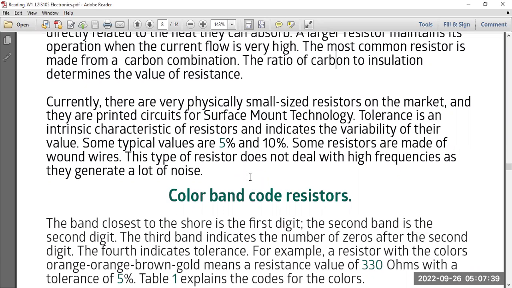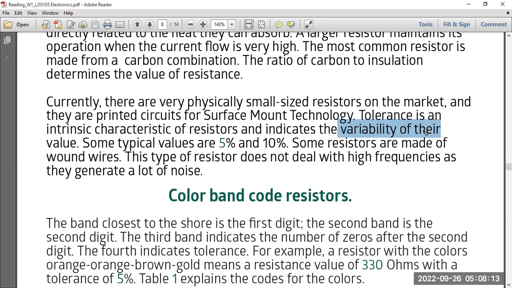So the thing to understand here is what is meant by tolerance. Tolerance is particularly a characteristic of resistors, an intrinsic characteristic of the resistor. It indicates the variability of their value. So, for example, say a resistor has a value of 80,000.